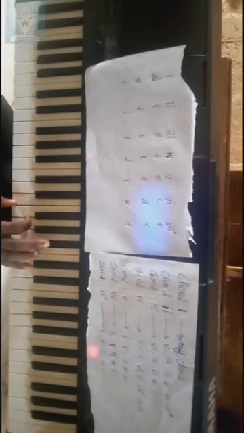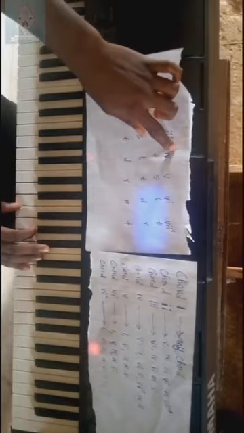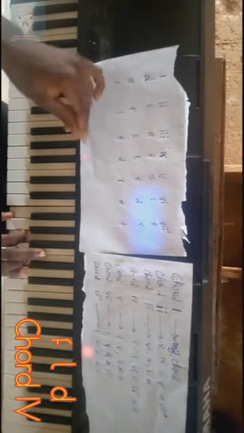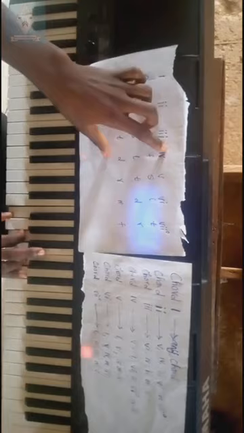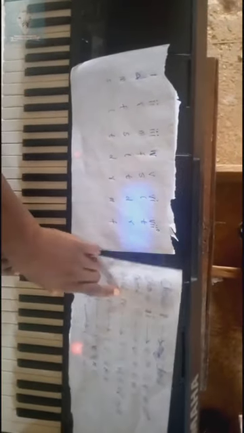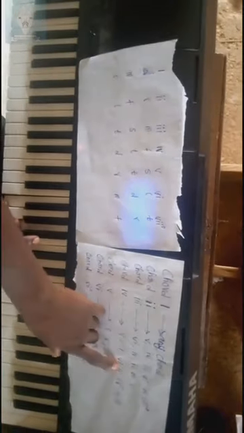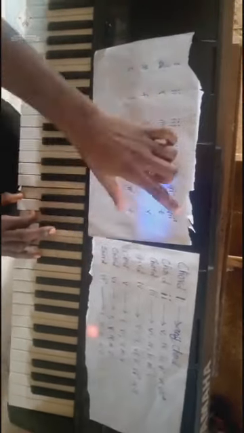Now the next chord is chord 4, which is a major chord, Fa, La, Do. Now which chord can come after this chord? Chord 4 can be followed by chord 5, this is chord 5. By chord 1, this is chord 1. By chord 6, this is chord 6. By chord 2, this is chord 2. By chord 7, this is chord 7.